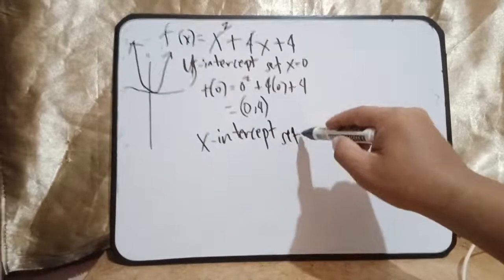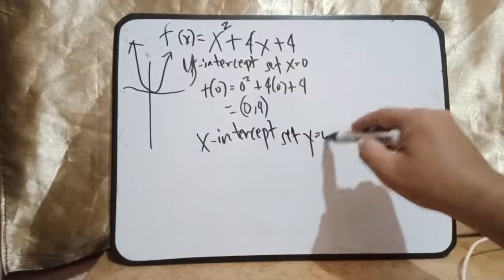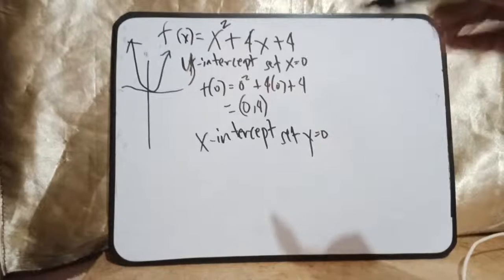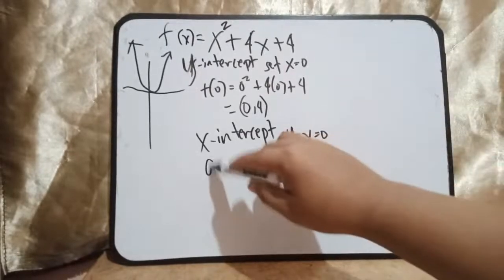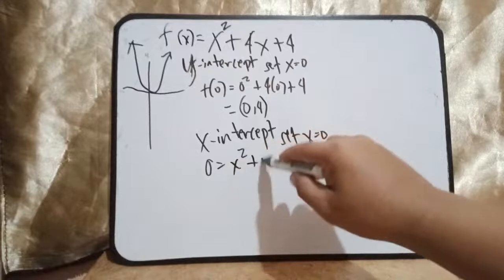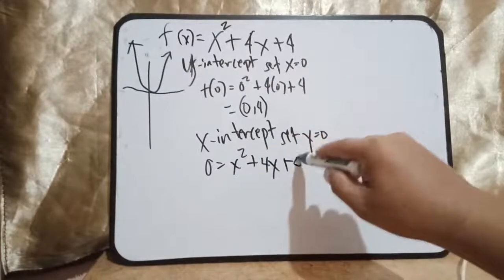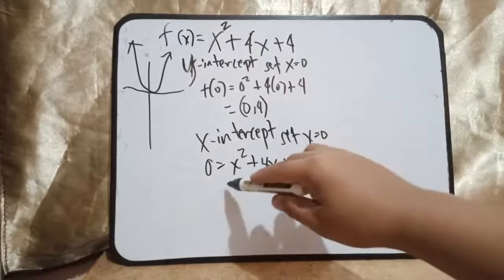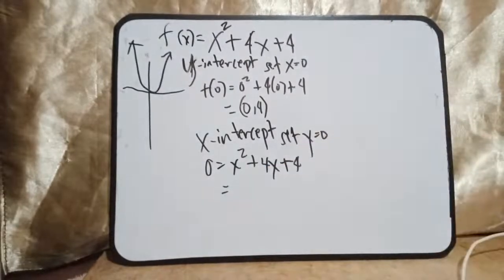For the x-intercept, set y is equals to 0. So, ang nangyari nito is 0 is equals to x squared plus 4x plus 4. Ang mangyari niyan is i-factor mo yan. So, what is the factor for that?